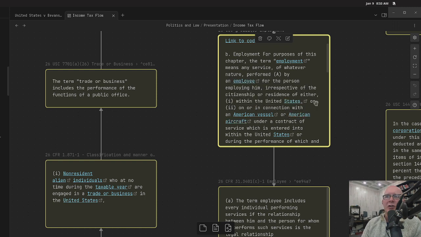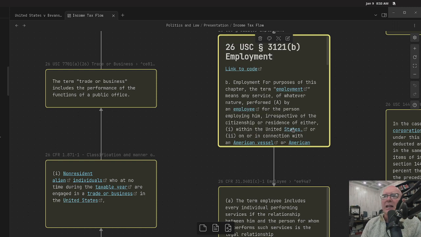Now, this is interesting because even though they're defining employment as being related to being an employee, they do say within the United States. So again, it's within the District of Columbia. So even if you are doing something outside of the District of Columbia and it fits some of this definition, you still aren't within the United States, so it's still irrelevant.